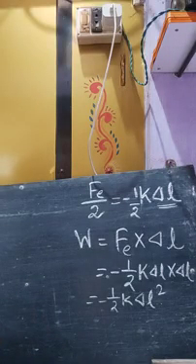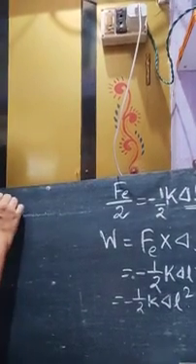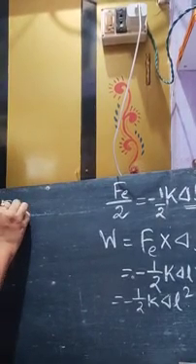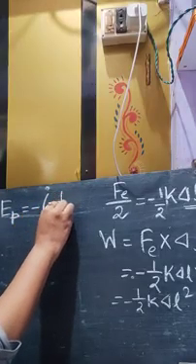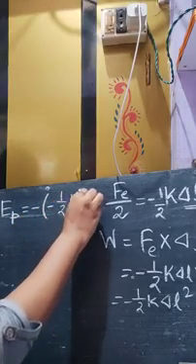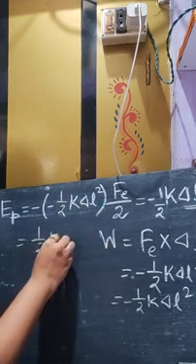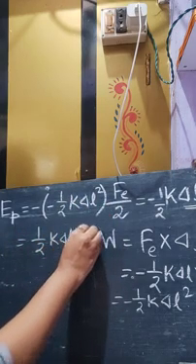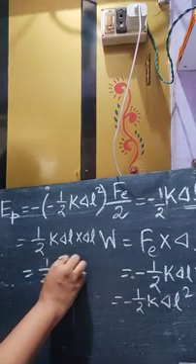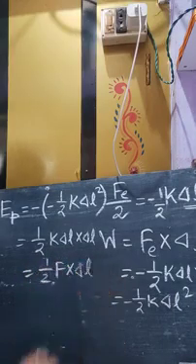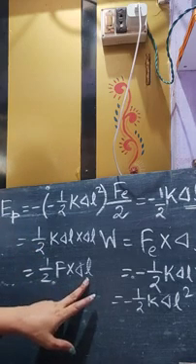So according to the definition of the potential energy, we can write that the potential energy EP is equal to minus of minus half K del L square. So it becomes half into K of del L into del L. So this is basically F, so you can write it as F into del L. So the potential energy is nothing but the force into a small displacement.